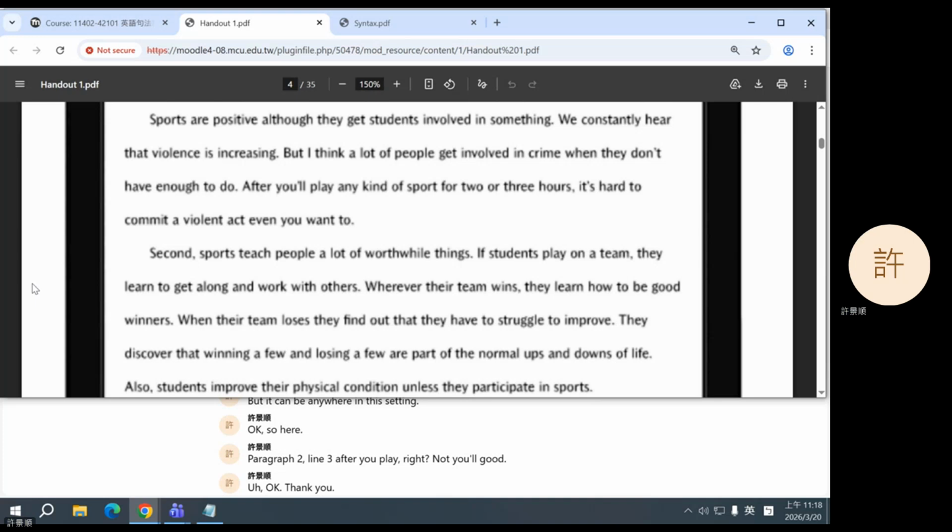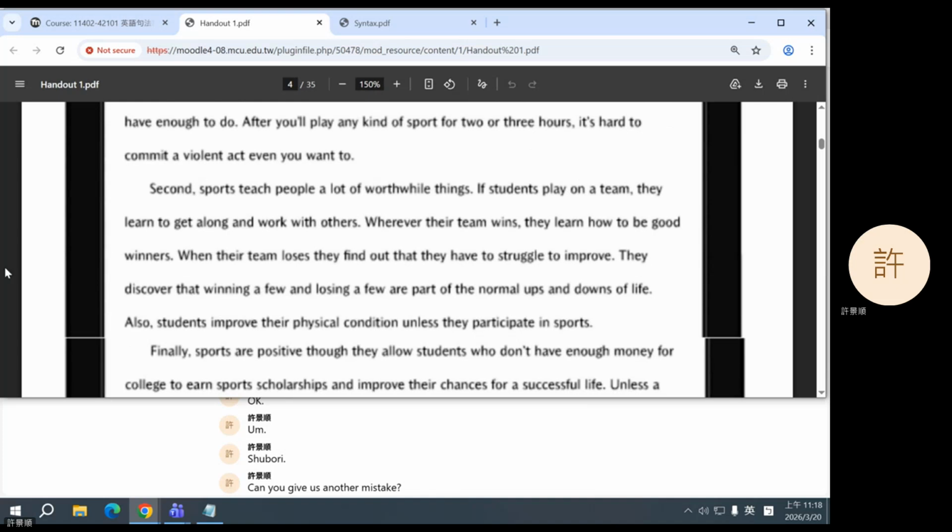Okay. Shu Borui, can you give us another mistake? Where?